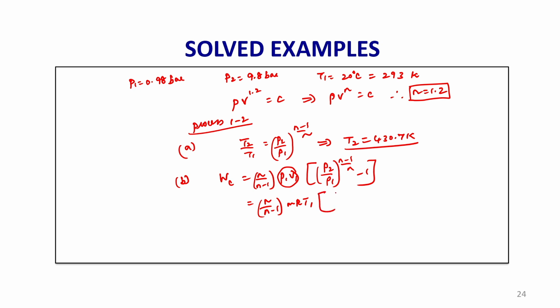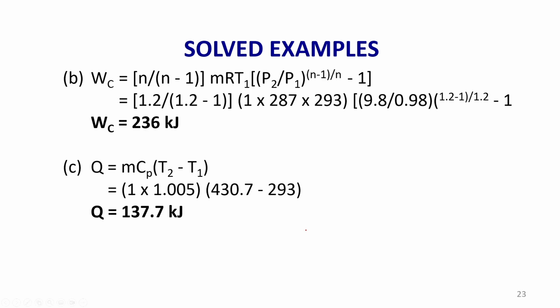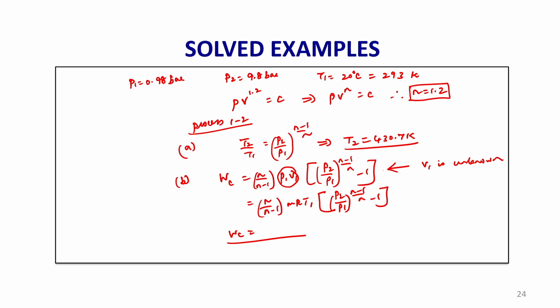If volume V1 is known, you can use the other formula. Because V1 is unknown, I am using this formula. So, substitute, you will get Wc equal to 236 kilojoule, and m we can assume to be 1 kg.